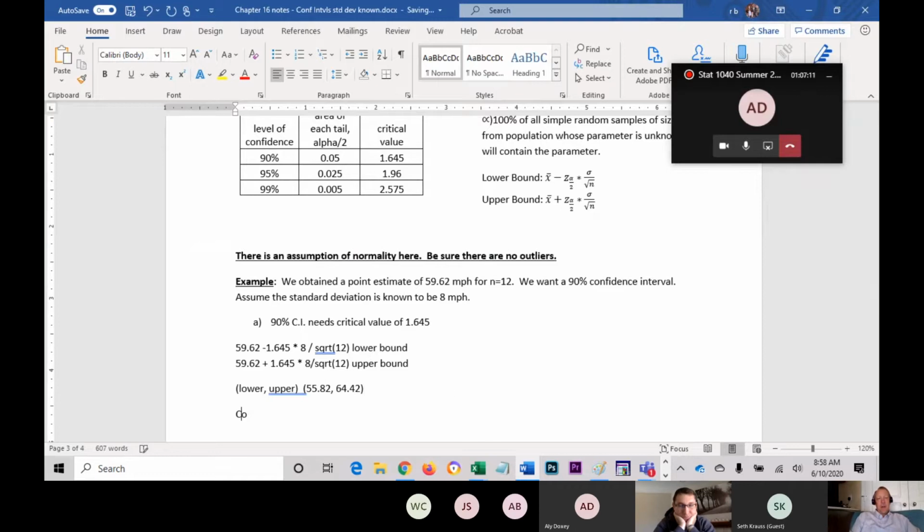Now, we need to come up with a confidence statement. So I'm going to give you a generic statement, and then I want you guys to fill this in. So we are, blank % confident that whatever you're measuring is between lower and upper.